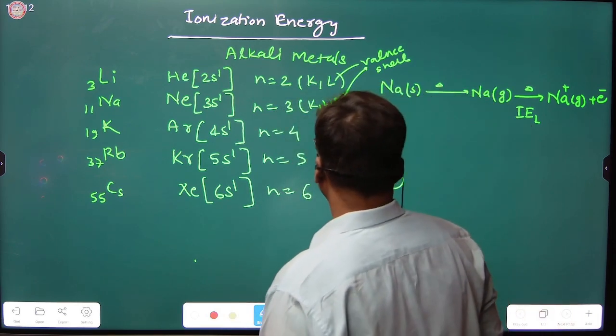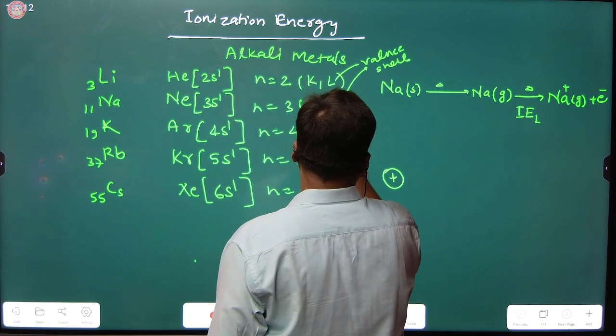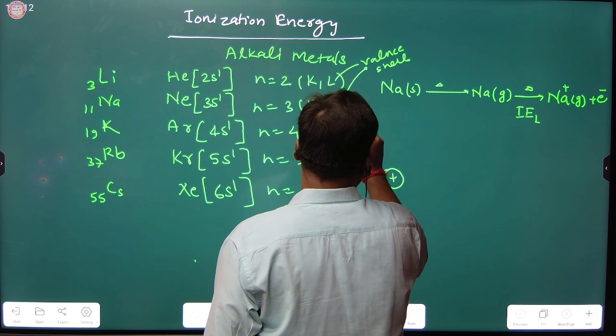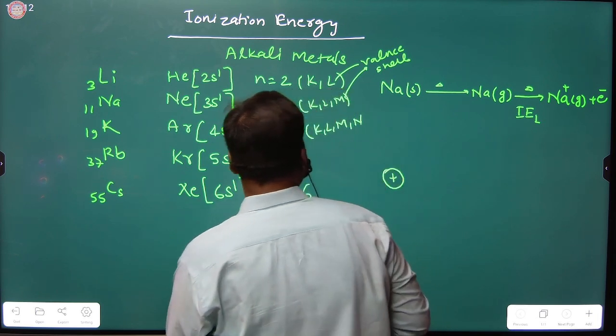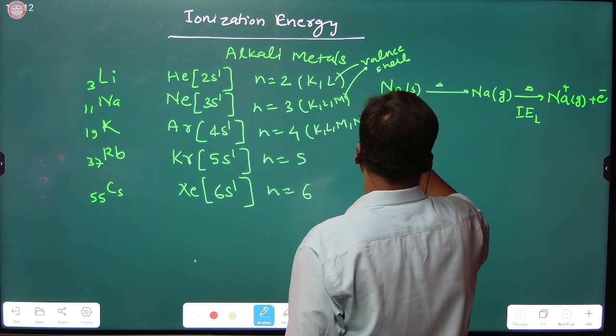For potassium the shells are K, L, M, N, and this is the valence shell.